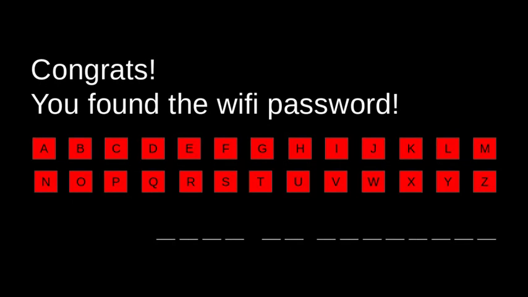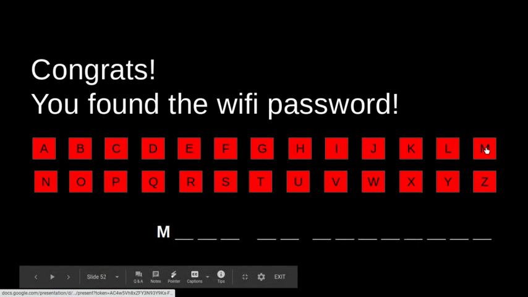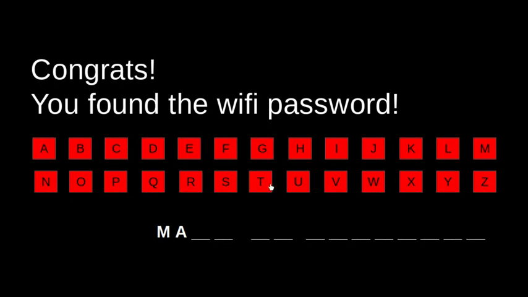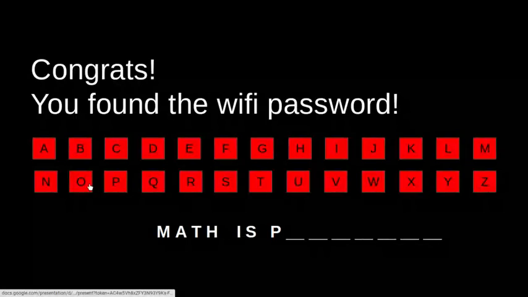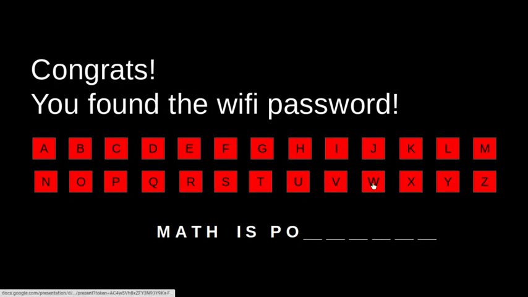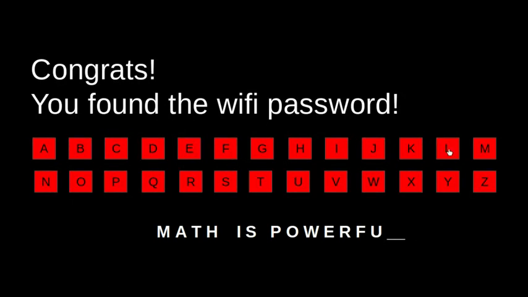So remember that our answer to question 1 was the letter M. Our answer to question 2 was the letter A. Our answer to question 3 was the letter T. Our answer to question 4 was the letter H. Our answer to the next question was I, then S, then P, then O, then W, then E, then R, then F, then U, then L.